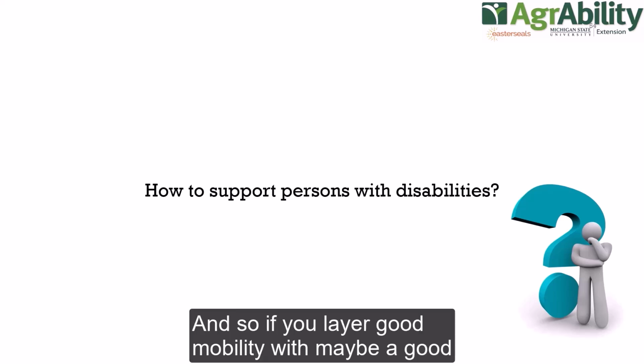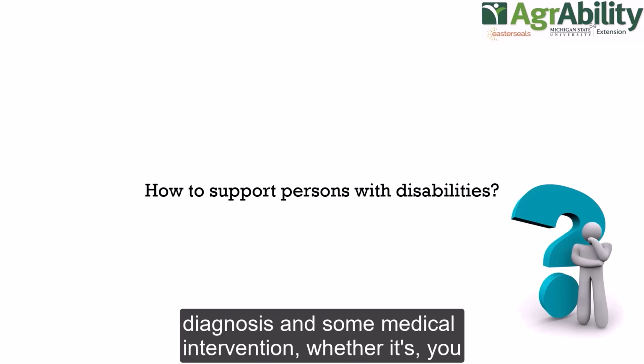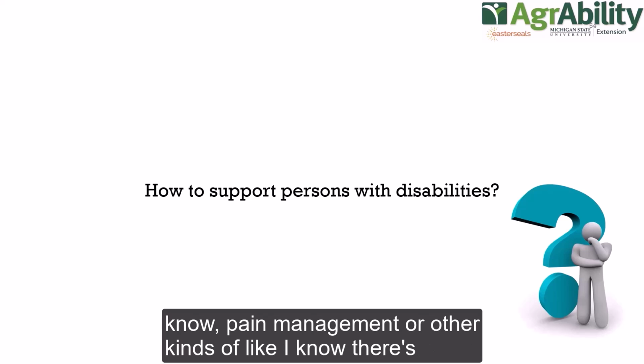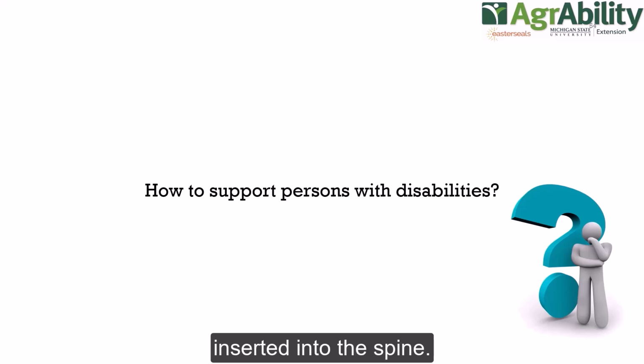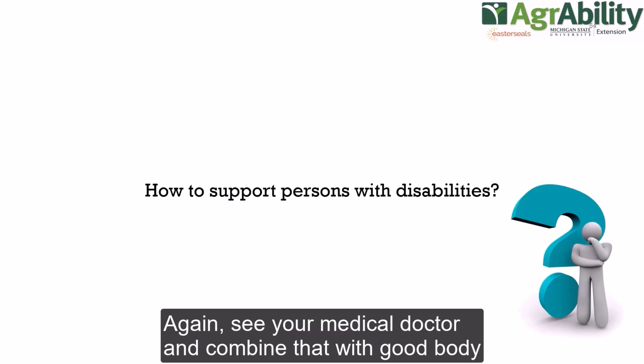And so if you layer good mobility with a good diagnosis and some medical intervention, whether it's pain management or other things, I know there are some shots and some gel things that can be inserted into the spine. Again, see your medical doctor.